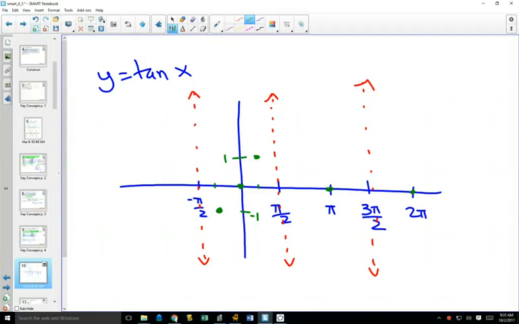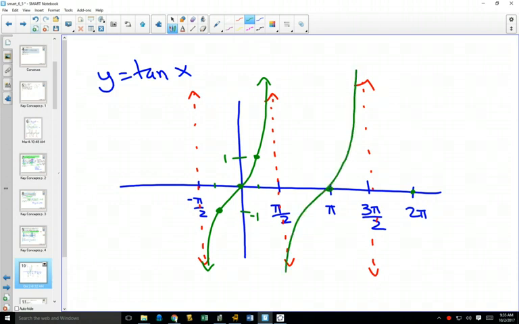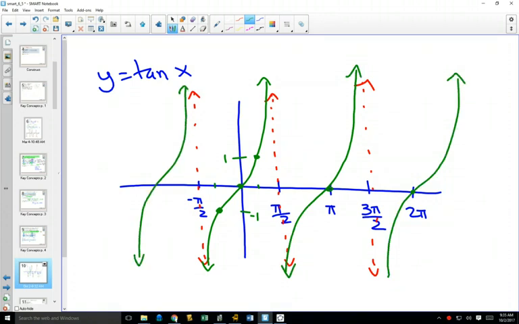Now with those 3 points and with the asymptotes, you're going to find that your tan graph looks a lot like an x cubed graph in that section. Because what a graph does when it gets close to an asymptote is it approaches it, but never touches it. And in fact, it does this over and over again. So your tan graph is also a periodic graph.